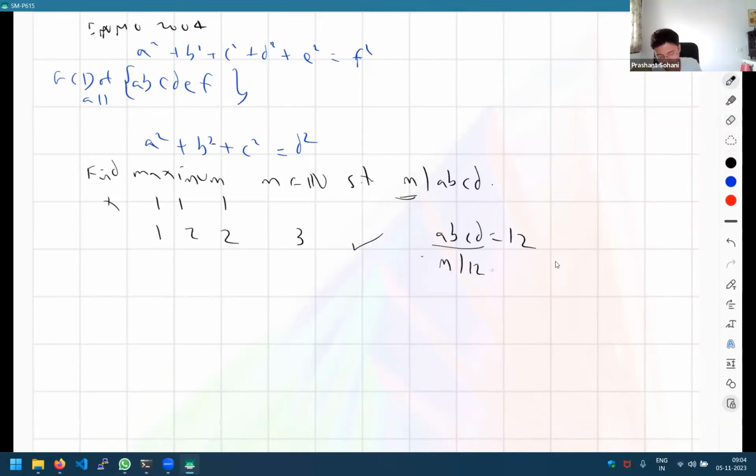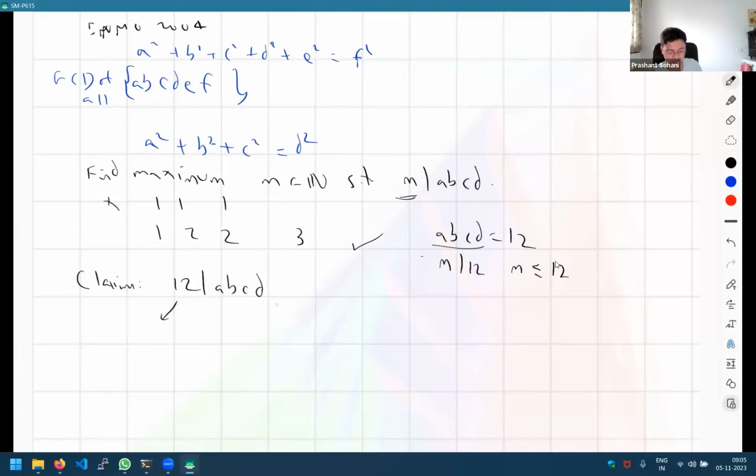Therefore, m has to divide 12. So now we have to find out, can m be smaller than 12 or is it forced to be 12 always? In other words, at this point, it is safe to claim that very likely 12 is the right answer. So with some confidence, we can claim that we expect that 12 always divides the product ABCD for every possible solution of that equation.